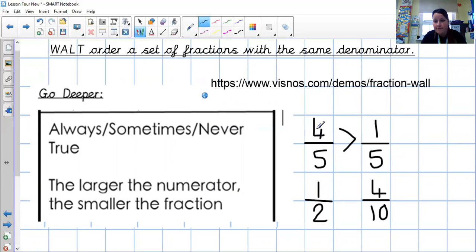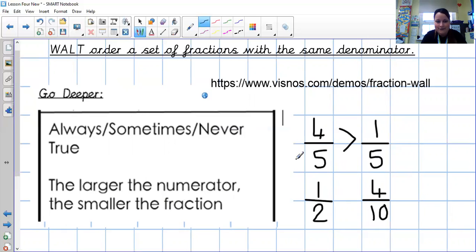So the larger the numerator, the larger the fraction. The numerator 4 is larger than 1, but the fraction is not smaller. That's definitely not true in this example, okay? So we know that we can give examples where that statement is not true.